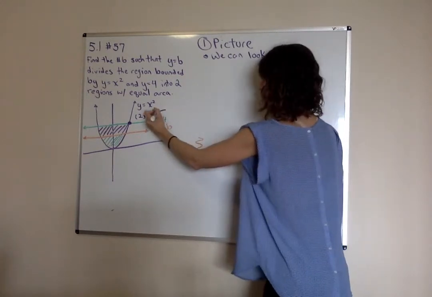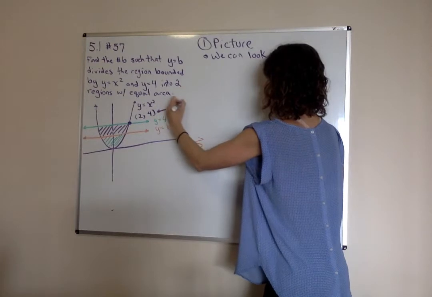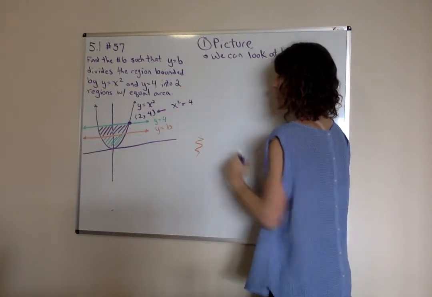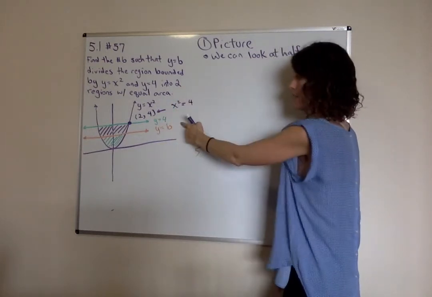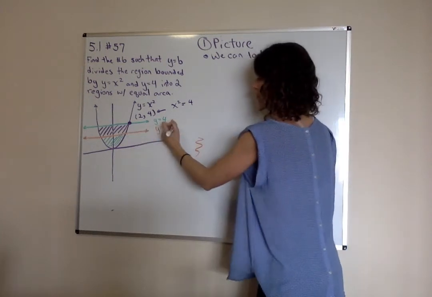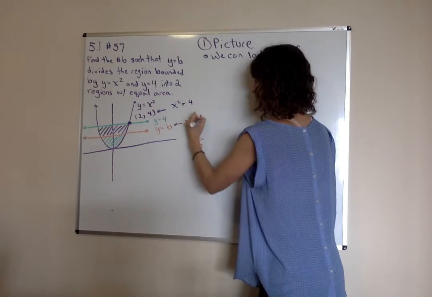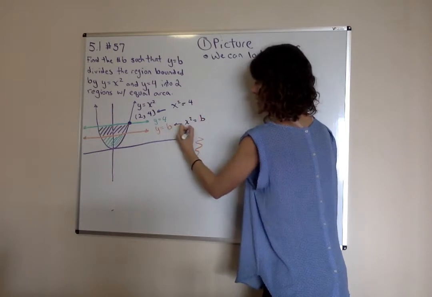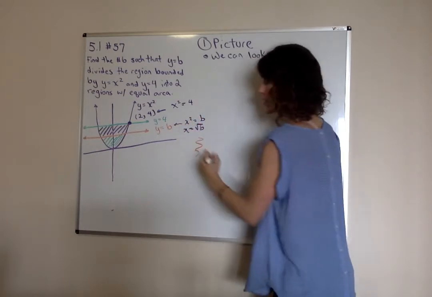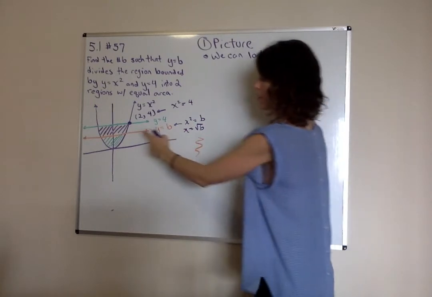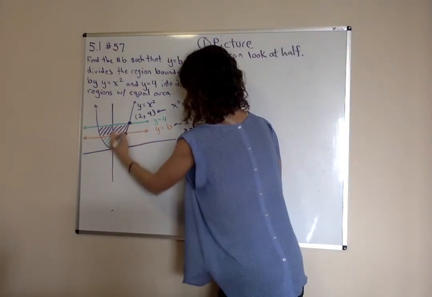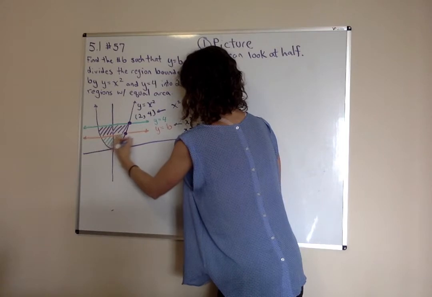Basically, to figure this out, you're setting x squared equal to 4. So you're going to do a similar thing here to figure out what that point should be. You're going to have x squared equals b, so x equals the square root of b. So this point here is (square root of b, b).